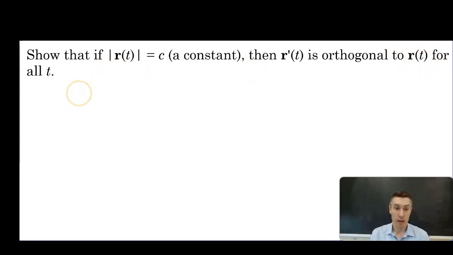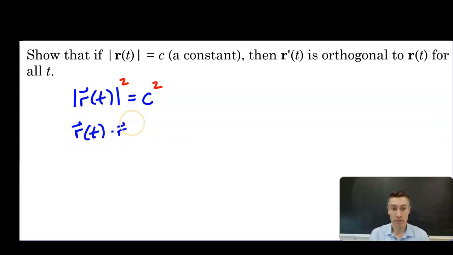So the key here to unlock this problem is using one of the properties of the dot product, which is if we square the magnitude, so we'll square both sides, the magnitude of a vector function squared is equivalent to the dot product of the vector function with itself. And by doing this, now we can differentiate both sides with respect to t.